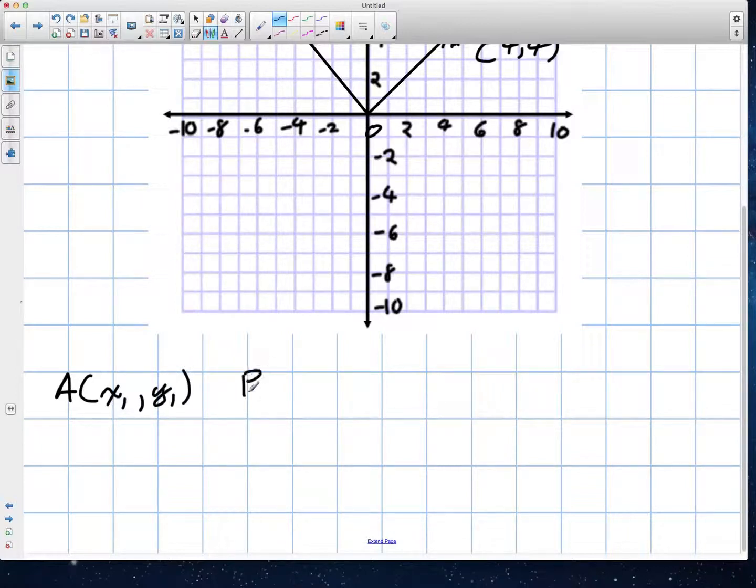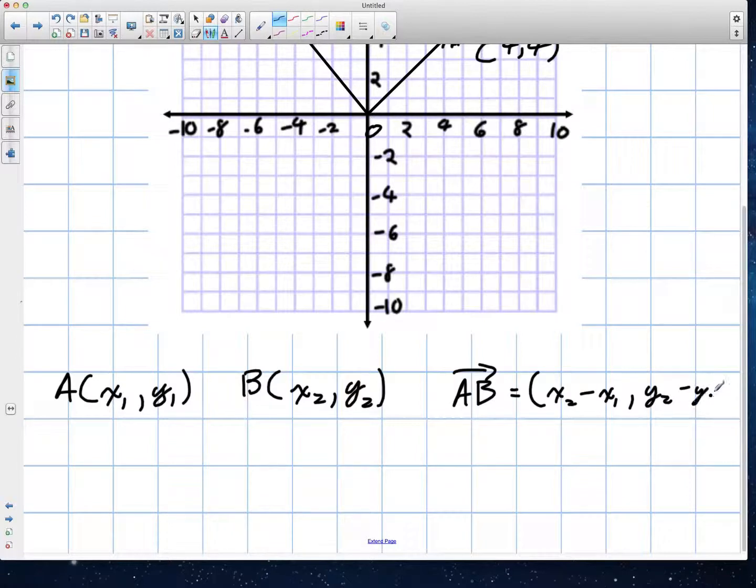And we have point B, which is x2 and y2. If this is the case, then vector AB, because it's not from our origin, is essentially x2 minus x1 and y2 minus y1. So we actually have to figure out what our points were. Well, in this case, our point A was 4 and 4.